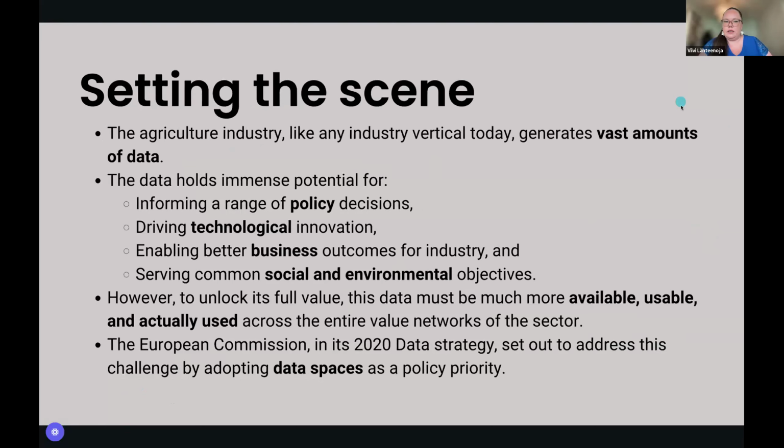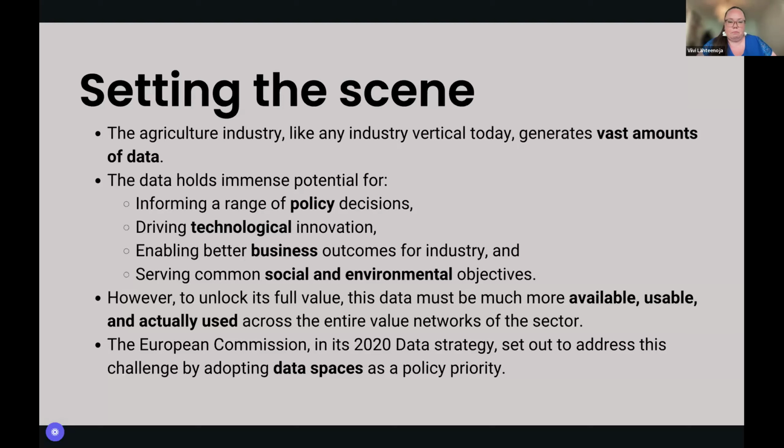So for setting the scene, the agriculture industry, just like any industry vertical today, generates vast amounts of data. And we all, I think, agree that the data holds immense potential for a number of different kinds of applications. It can inform a range of different kinds of policy decisions, from agricultural subsidies to climate change mitigation policies and so on. This data can drive technological innovation.